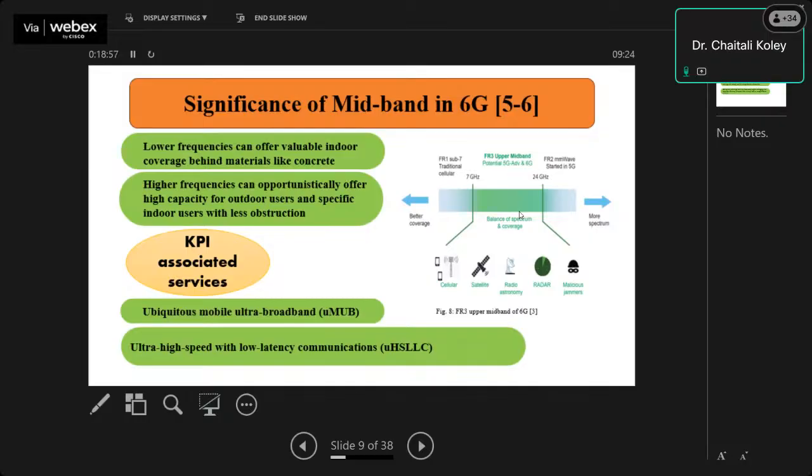It also increases operational efficiency. This band mainly provides ubiquitous mobile ultra broadband, and it is used to keep ultra high speed with low latency communication. This is the main application of this band. So what are the advantages of this band?